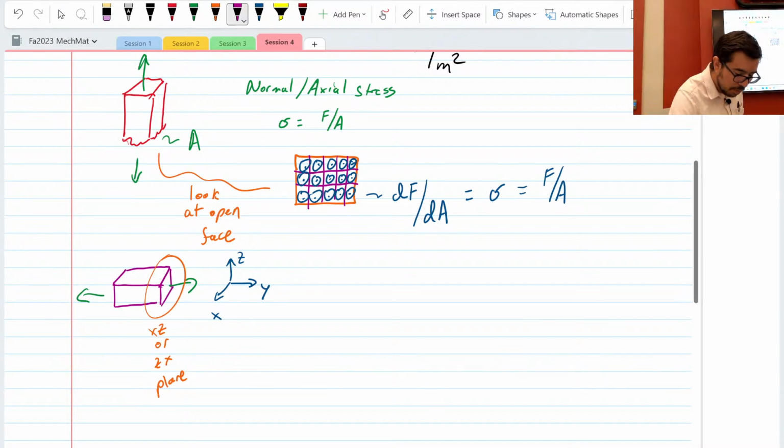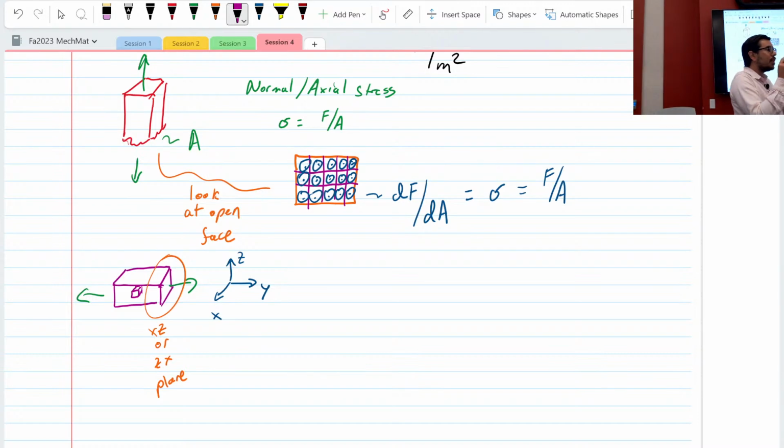But let's say that we take a little cube inside here. A really bad drawing. So I've got this little microcube inside my structure. This microcube we can think of as what we call a material element, essentially infinitely small. So lots of little dAs, lots of little dFs, and we're going to use it to describe a state of stress.